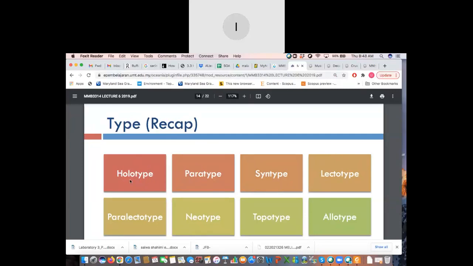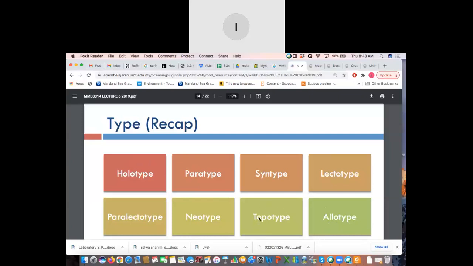It's just that out of the many, say you have 5 or 10 specimens, one of these will be taken as the holotype, and the rest will be the paratypes of that same locality. All right, an allotype is not a name-bearing type, but is usually the opposite gender of the holotype. Okay, this is what an allotype is.